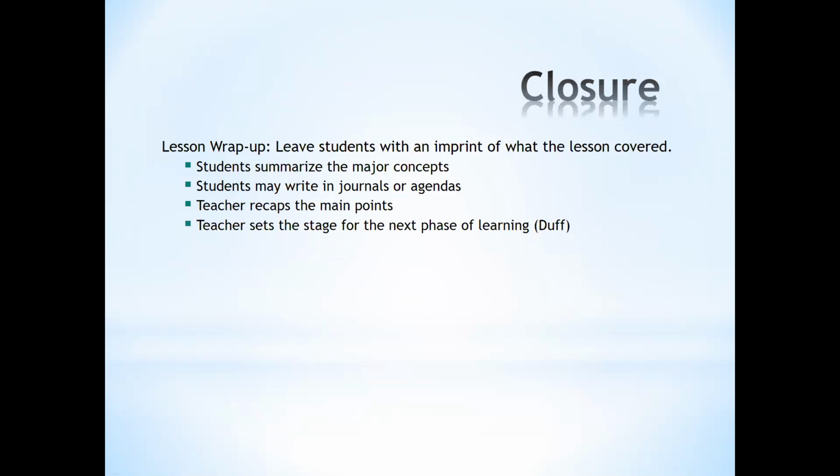Closure. Lesson wrap-up. Leave students with an imprint of what the lesson covered. Let students summarize the major concepts. Students may write in journals or agendas. The teacher recaps the main points, and the teacher sets the stage for the next phase of learning.